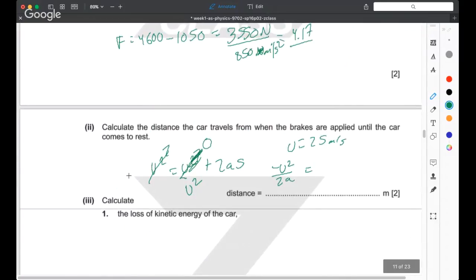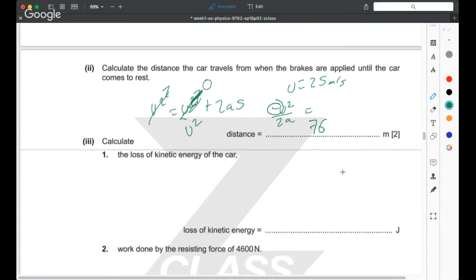Yeah, that doesn't really matter practically. Oh, okay. So yeah, it's 4.1 then. 2 times 4.1. 76 meters. Yeah, I think that's it.